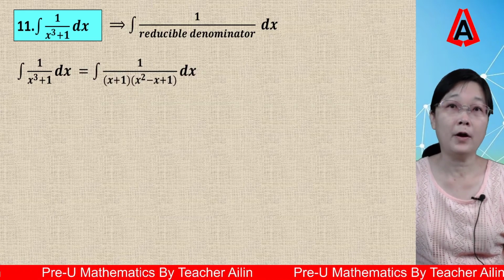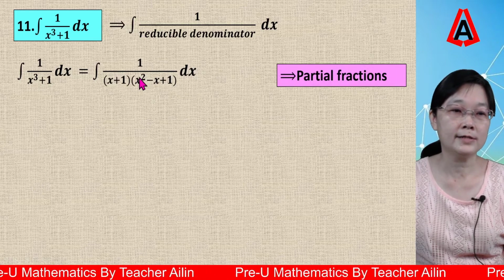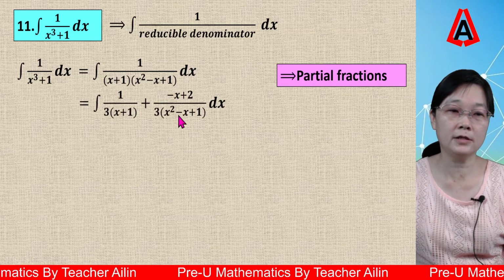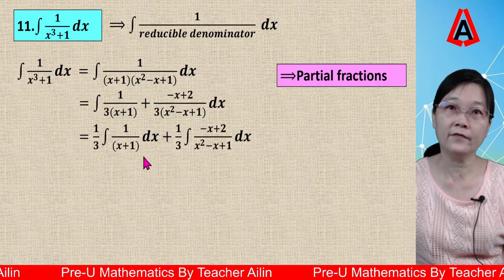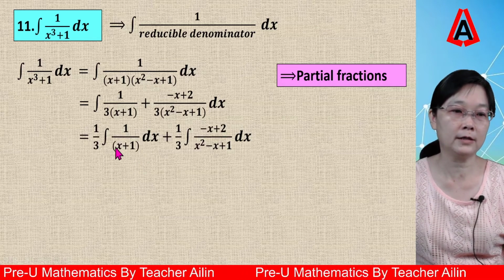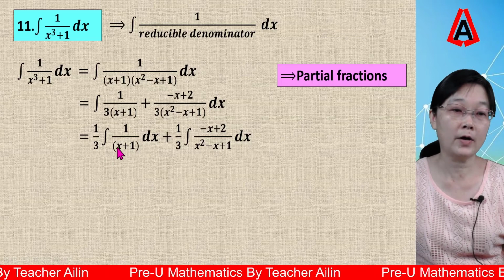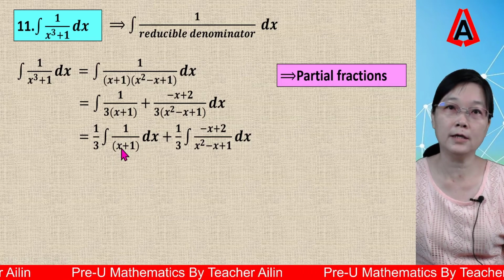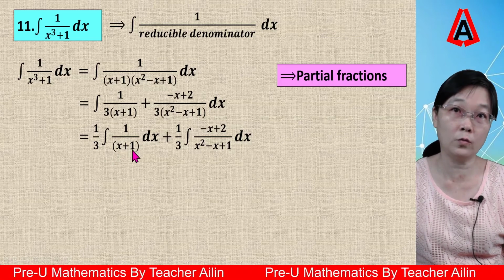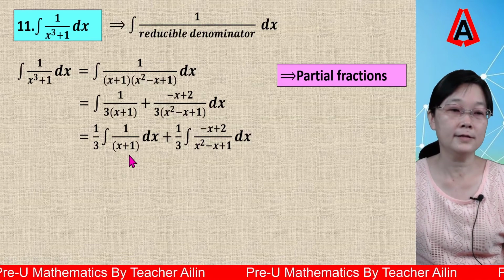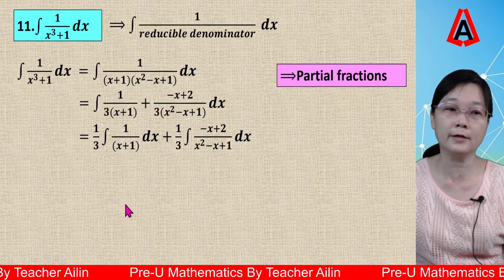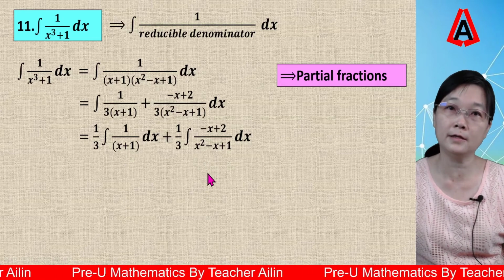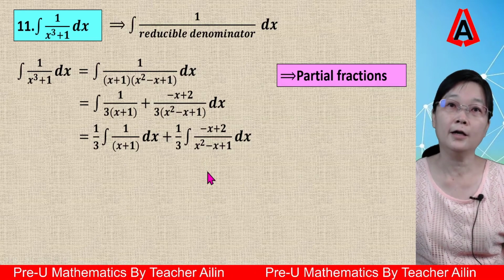And followed by partial fraction, now we separate this function into 2. So notice that after factorizing the denominator, the highest power of the denominator has been reduced to a lower one. Now the following step is we just need to choose the suitable method for each of these integrals to find the integration.